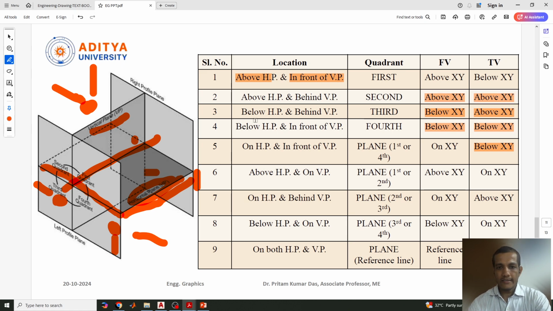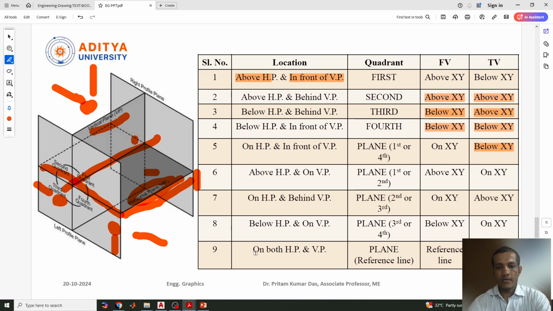So like this, there are 9 different types of locations: on HP, behind VP, and so on. We need to know which quadrant it is, and what the front view and top view are. Below HP and on VP will be the third quadrant and fourth quadrant, and the front view will be below XY, and the top view will be on XY.